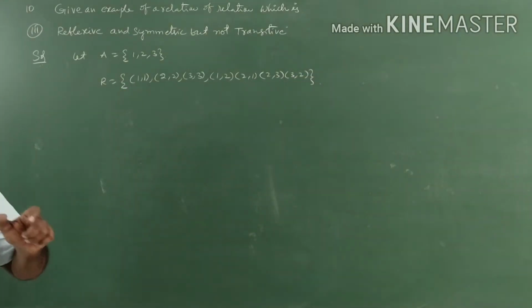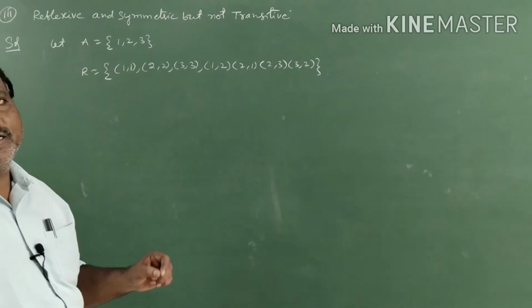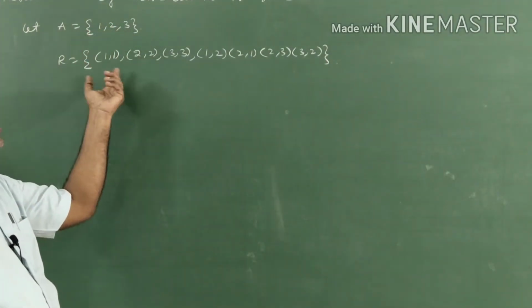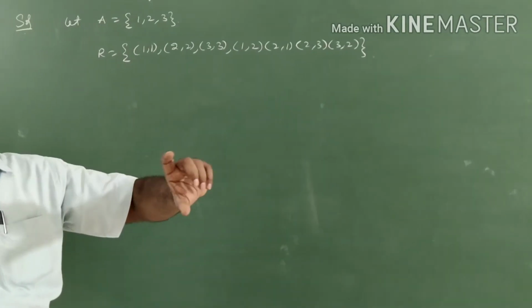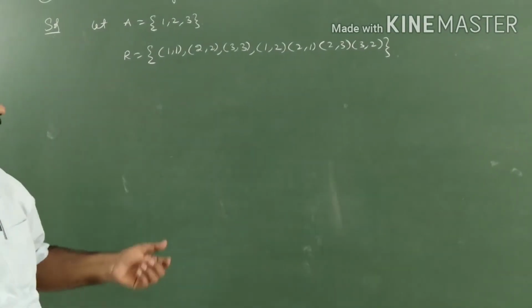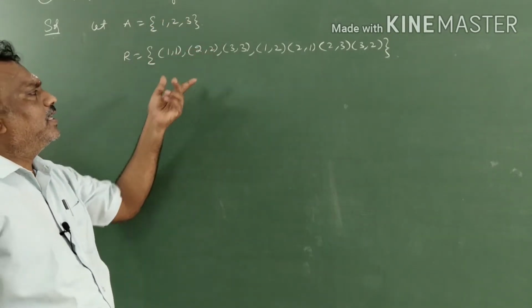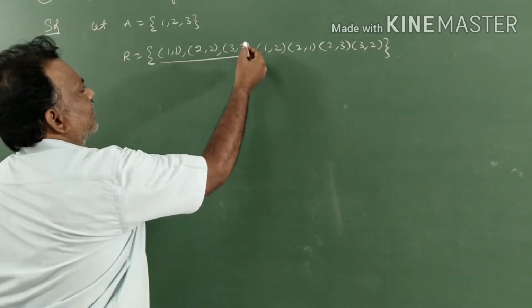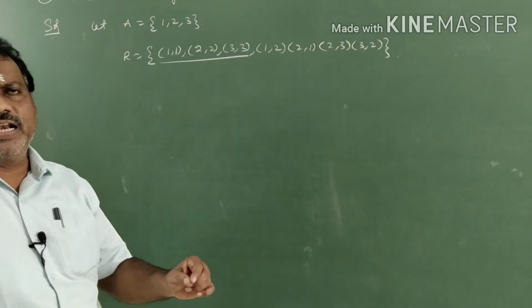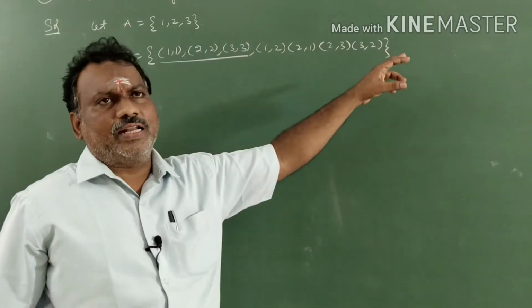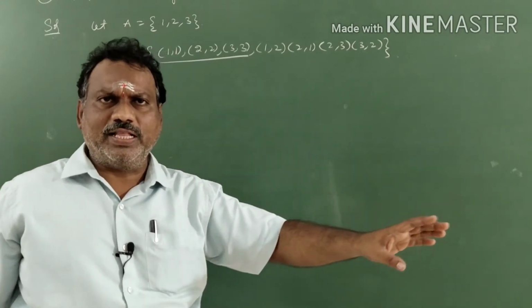They told it is reflexive. Reflexive means you have to check that each and every element of A should participate in the relation with its same image, like (1,1), (2,2), (3,3). So by seeing these three ordered pairs, clearly R is reflexive. Sir, here more ordered pairs are there, immaterial, no problem in that.